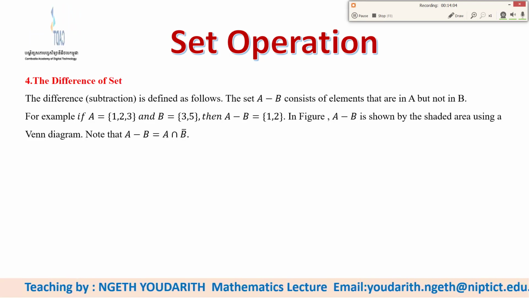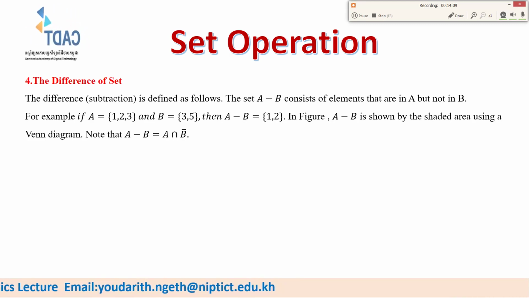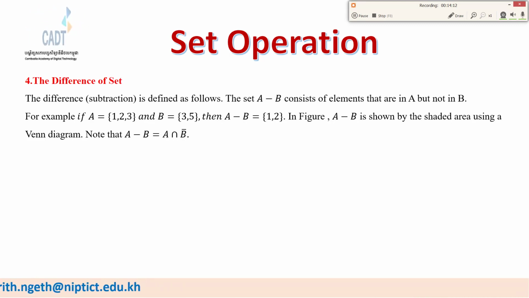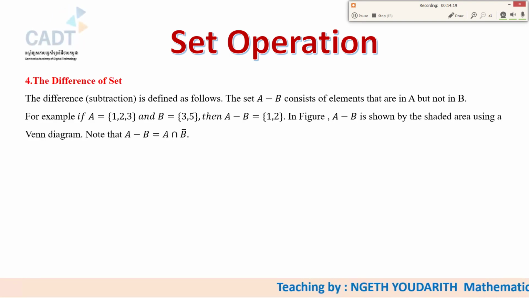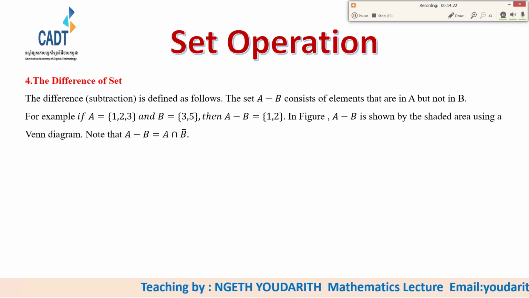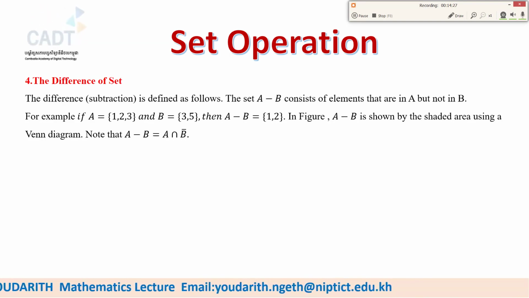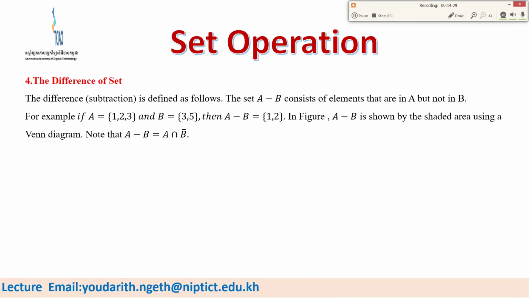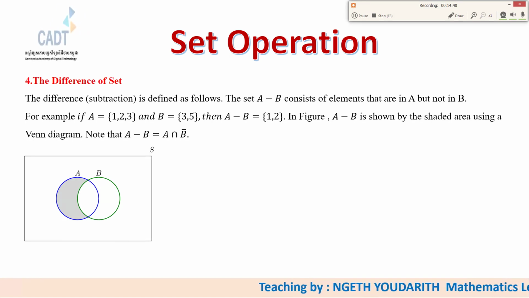We cannot take 3 because 3 belongs to both A and B. We just take the elements of A only. The figure shows A minus B using a Venn diagram. Note that A minus B equals A intersect the complement of B. This is the Venn diagram of A minus B.